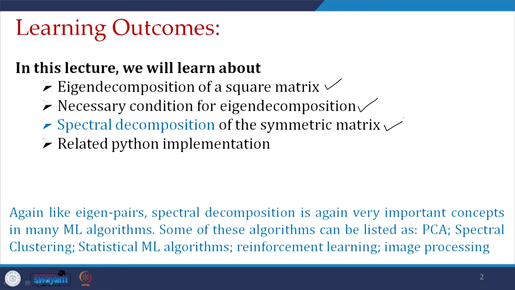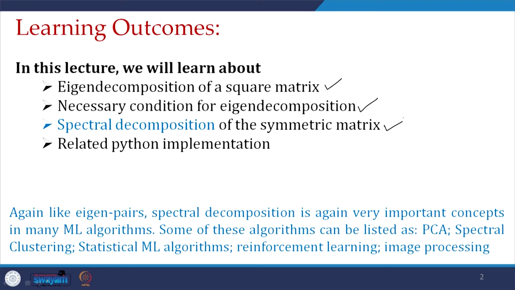Some of the algorithms where we will use this spectral decomposition include principal component analysis and spectral clustering. Many statistical machine learning algorithms use the concept of Eigen decomposition, reinforcement learning and many more.